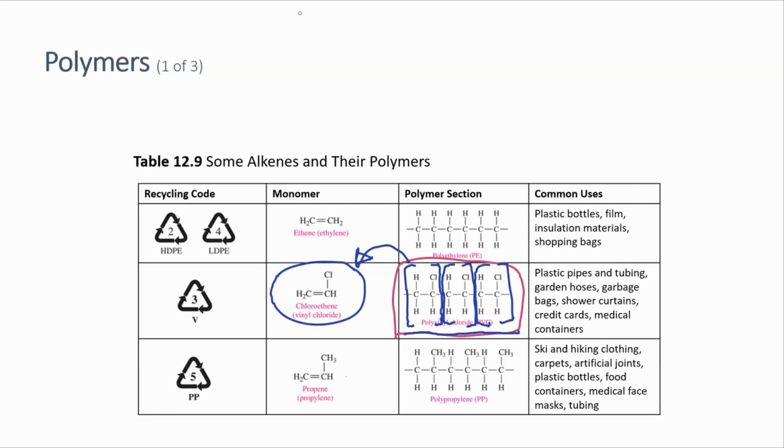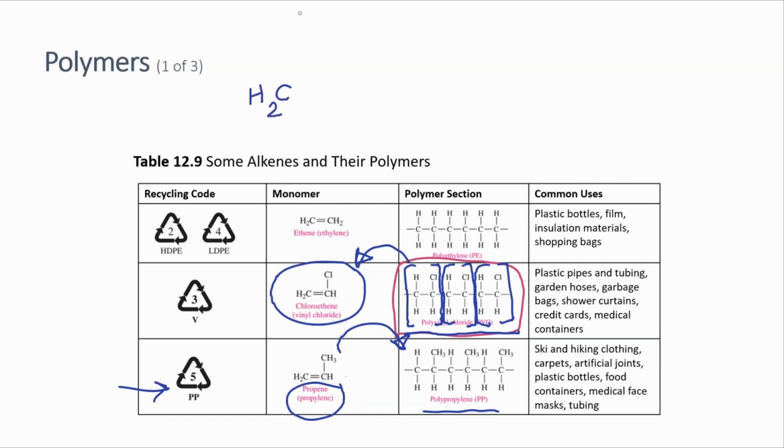Now let's look at this example. Synthesis of polypropylene or PP polymer starting from propene. Now I'll go from the monomer to polymer this time. Okay, I'm gonna draw it here.